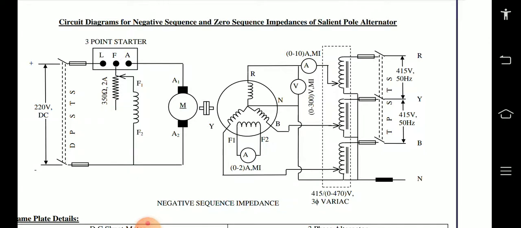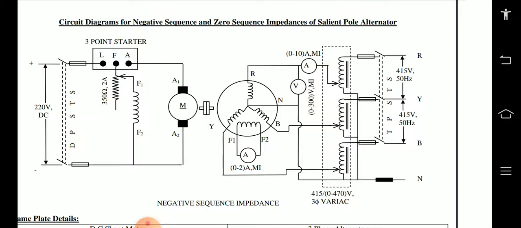Let me briefly explain the alternator side. Before the operation, I will explain the connections. We have the alternator, which will be connected to the wattmeter and ammeter and to the auto transformer. The auto transformer will be connected to the DPST switch.